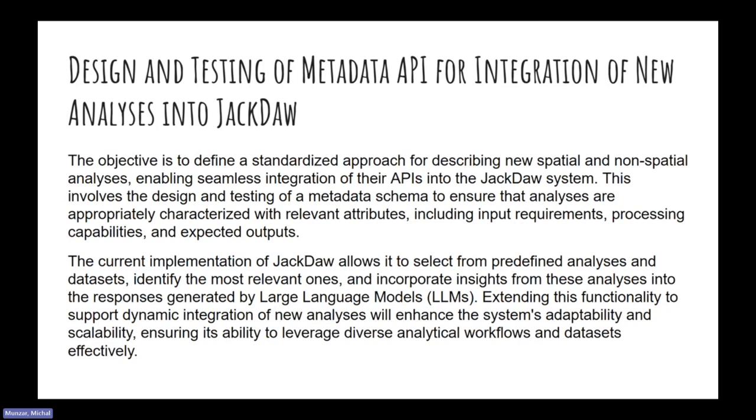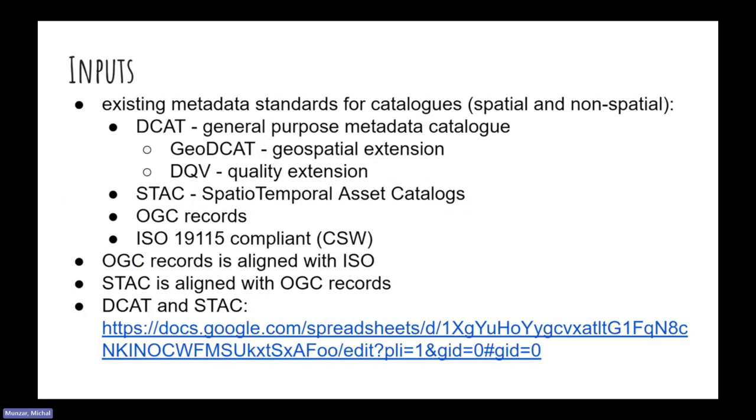So kind of make Jackdaw's interpretation of the different data sources more automatic, of course, with the help of LLMs as well. So obviously we have many different existing metadata standards. We know that we have DCAT and extensions like GeoDCAT, quality extension. We have also STAC, which is very important for our purposes in different projects, OGC Records, ISO compliant, and so on.